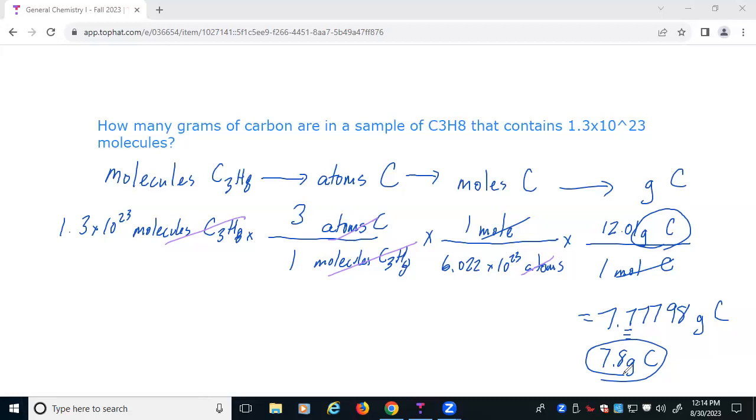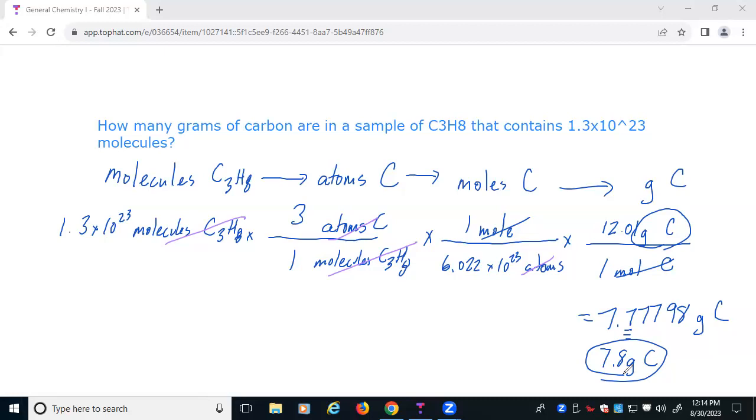But if I need to convert between atoms and molecules, so looking at the element versus the compound, I've got to use the chemical formula itself. That chemical formula gives me what I need to make that conversion between atoms and compounds, or atoms and molecules, elements and compounds.